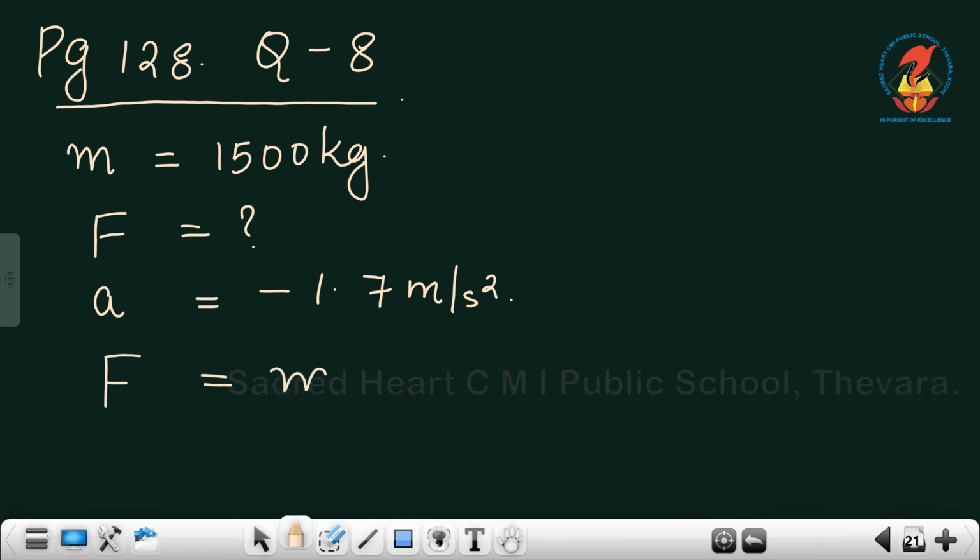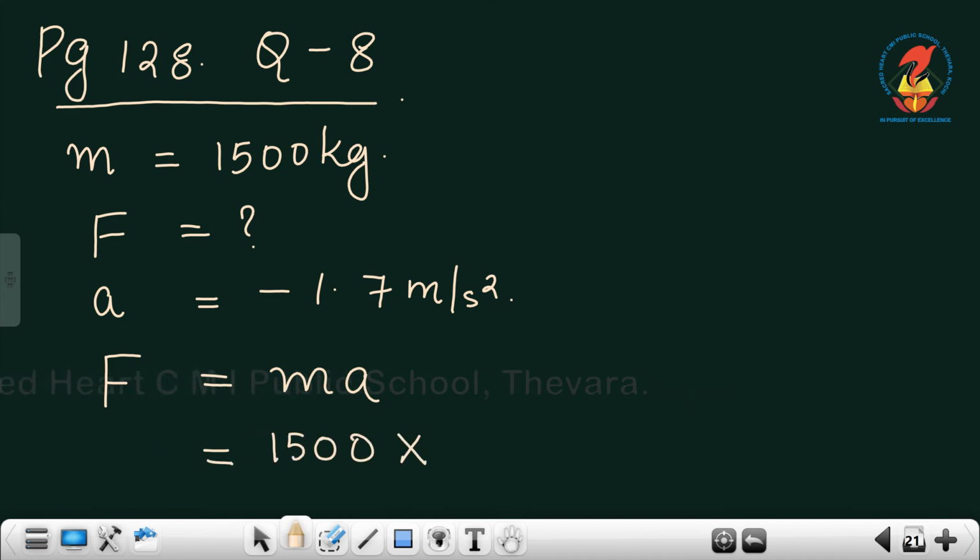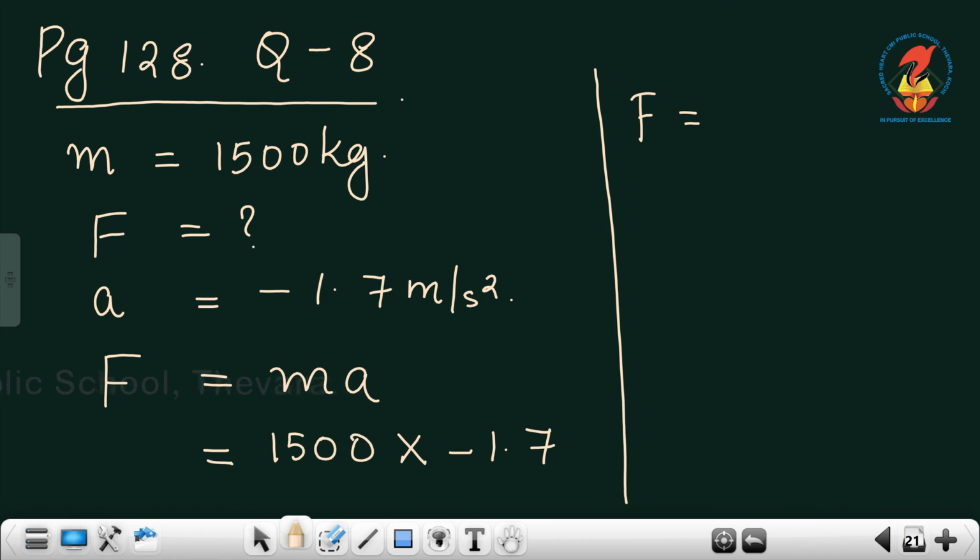According to Newton's second law, F is equal to ma. So m is 1500 and acceleration is negative 1.7. When you multiply, you get the answer as minus 2550 Newton.